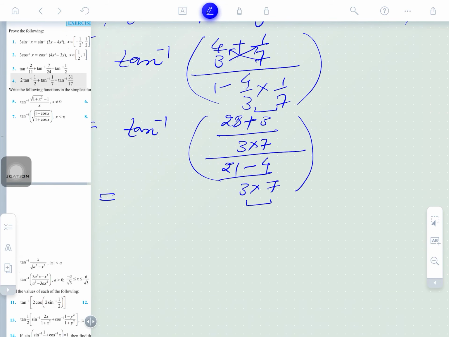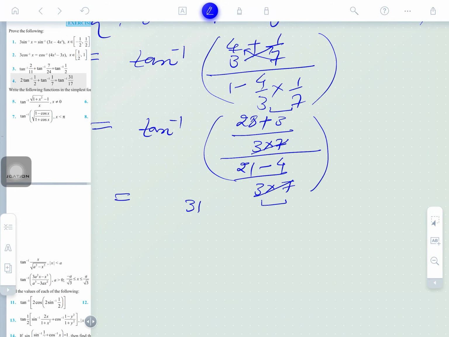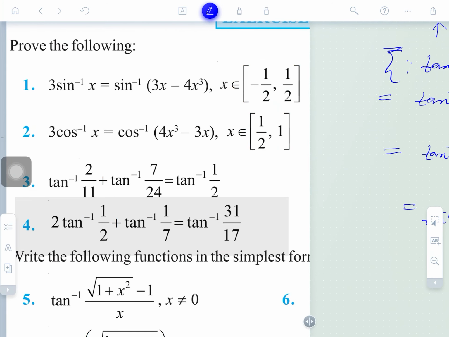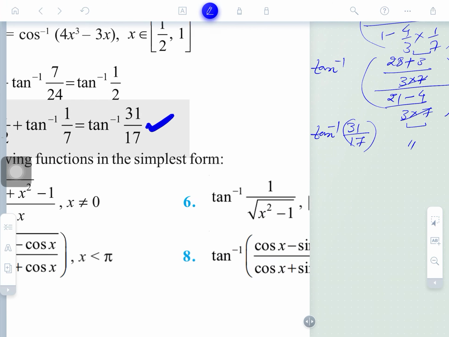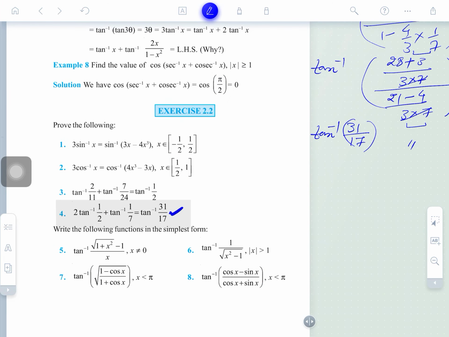I will tell you why. So, 3 into 7 cancels, their sum is 31 and their sum is 17, okay, and this is tan inverse of x. Further, can it be solved? No. You may see what is the right hand side to bring. 31 by 17 we have proved here. Clear, guys?